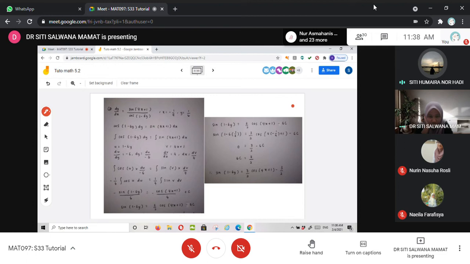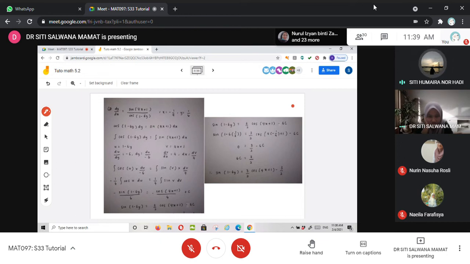For the right side, v equals 4x plus 1, dv over dx equals 4 and dx I got dv over 4. And then we gantikan u tu dengan semua tu: integrate cos u multiply by du over negative 6 equals integrate sin v multiply by dv over 4.